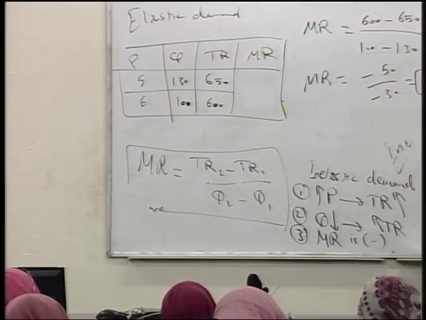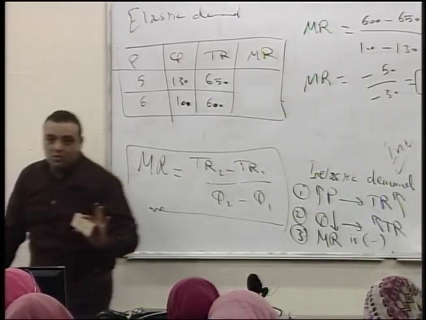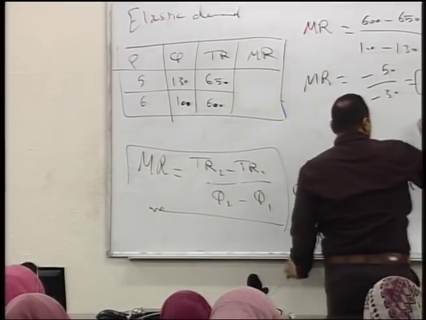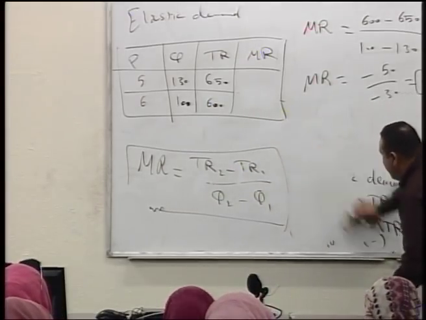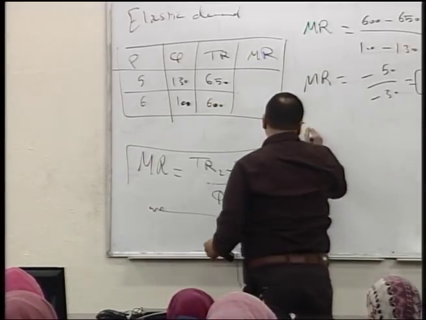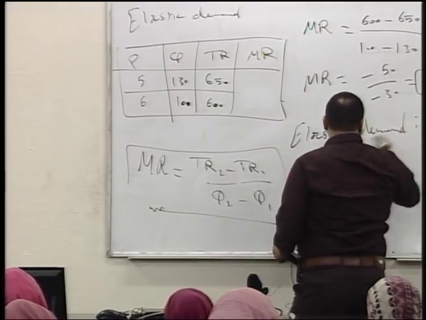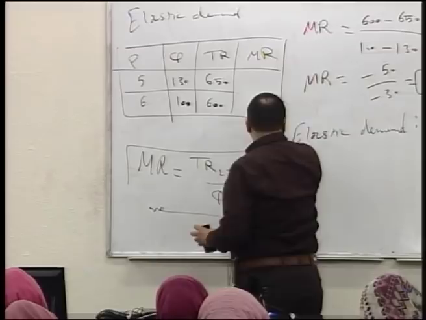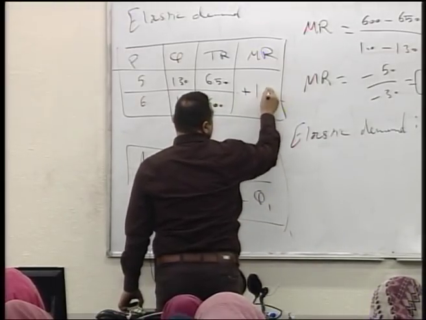What is the sign of the marginal revenue here? Positive sign. So when demand is elastic, we have three results. Here, marginal revenue equals positive 1.67.